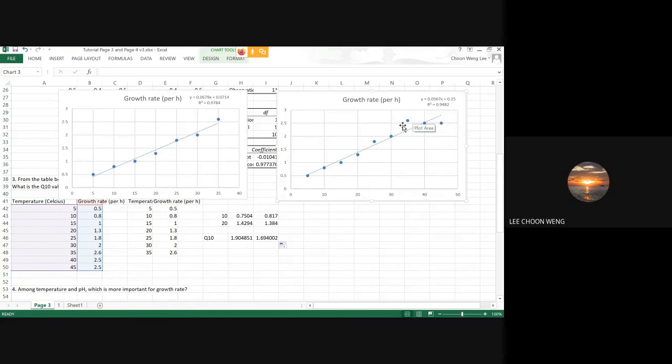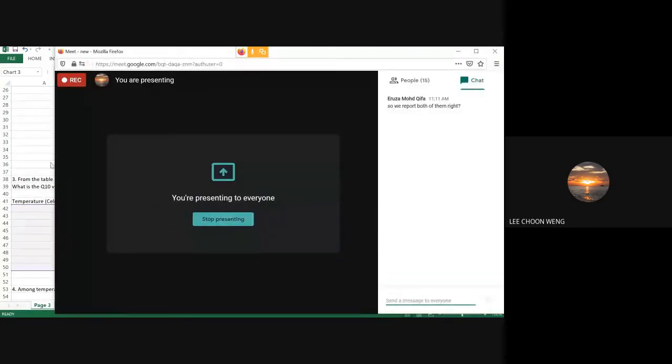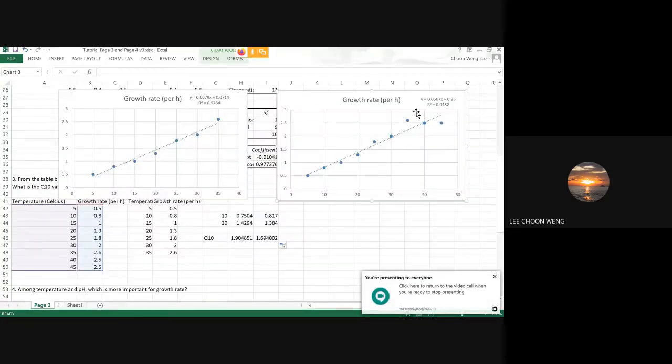Then we just do the analysis for this part. Everything within one graph. We don't need to draw 2 graphs. But you just have to tell them that you are only using this part for the analysis and not everything.